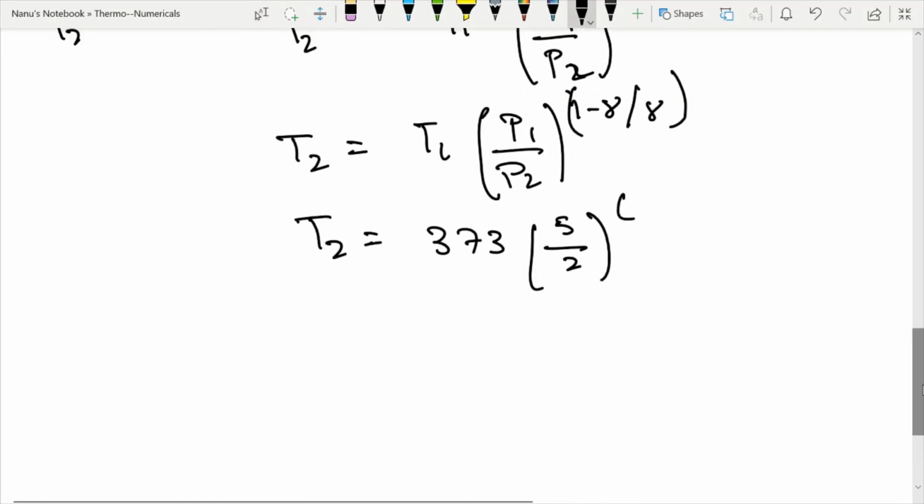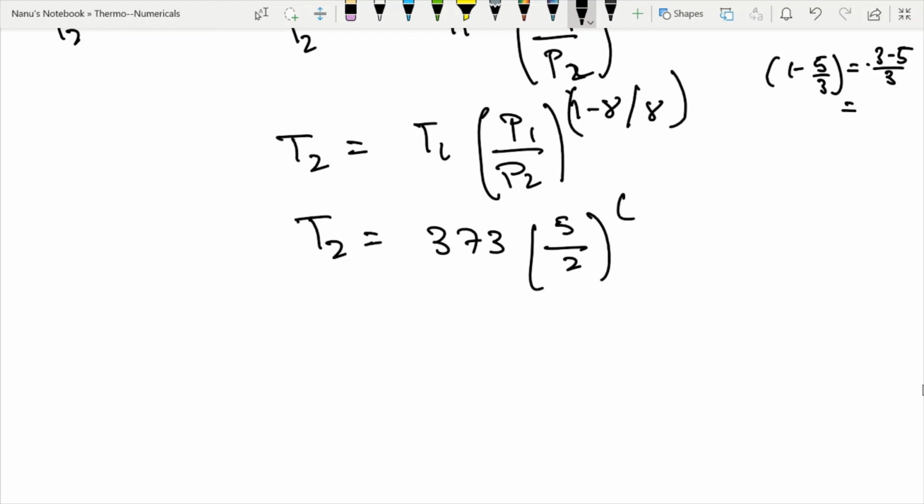So 1 minus gamma, 1 minus 5 by 3. This will be 3 minus 5 over 3, which is minus 2 by 3. I'm writing every step for your sake. You also write every step, don't make silly mistakes. You know every concept, so why do you want to make silly mistakes?